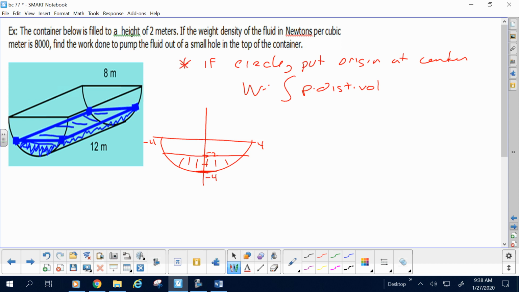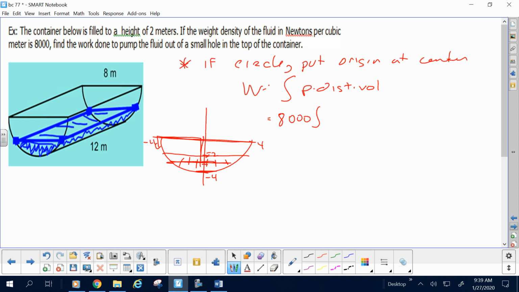All right, cool. Now let's talk components. Rho is a constant, and in this case it's 8,000. You can put it up front of the integral. So the distance. Okay, so how far am I going to get? Do I need to pump a slice to -2 or to the 0? To the 0, to get it to the top of the container.